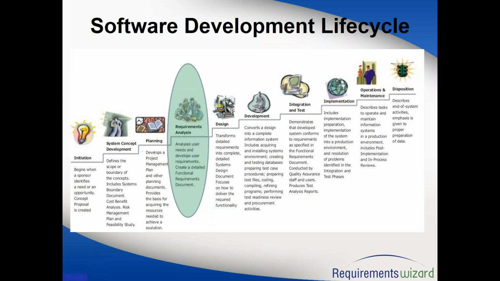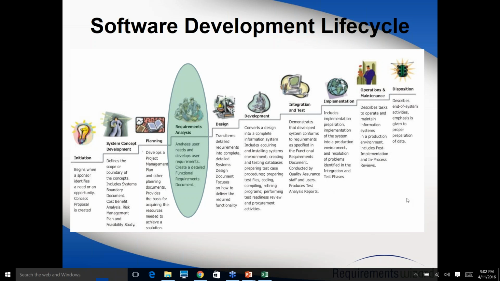The developers will take your requirements which you wrote as a BA, and they will start building the system. They will start writing the code. And again, as a BA, you have to diligently work with this development team, because they will come and ask you for any questions, clarifications.